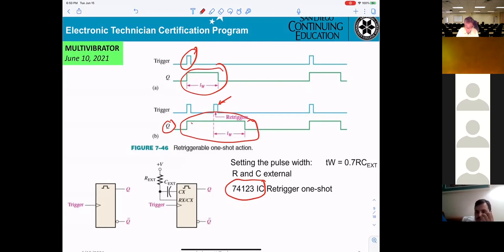So you apply another trigger, but that only works for the 74123.